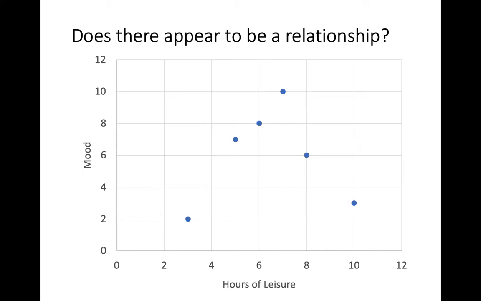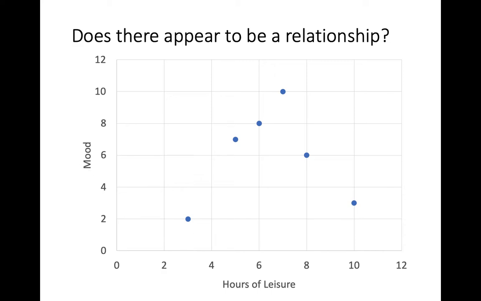Recall that to create a scatter plot, we create 2 axes, a horizontal axis and a vertical axis. We put a variable on the horizontal axis that we think should be the predictor variable, and we put the outcome variable on the y-axis.